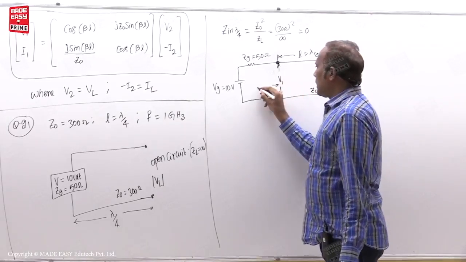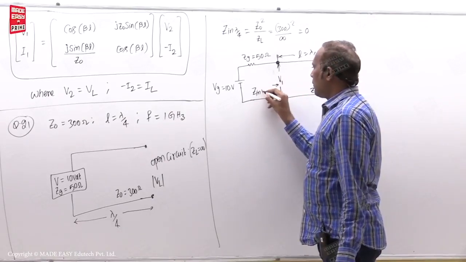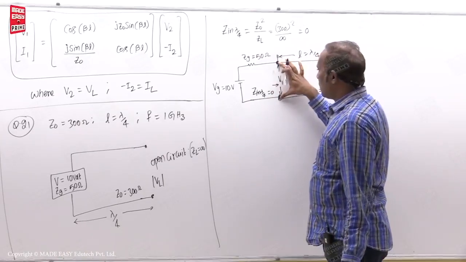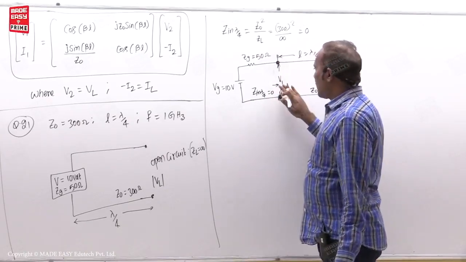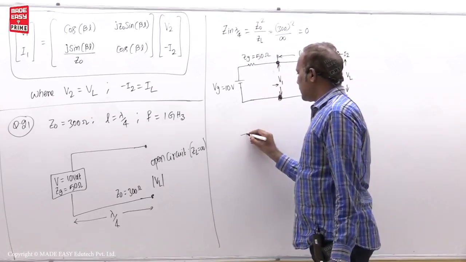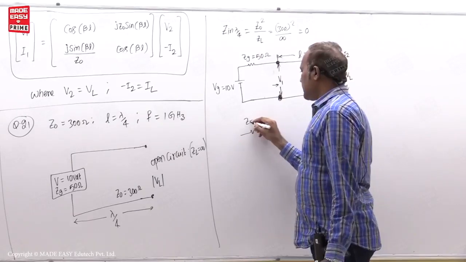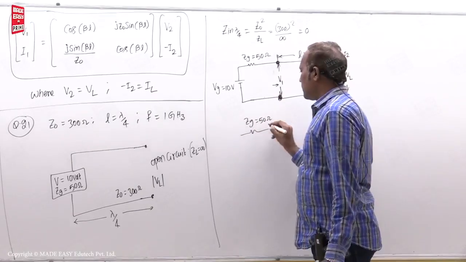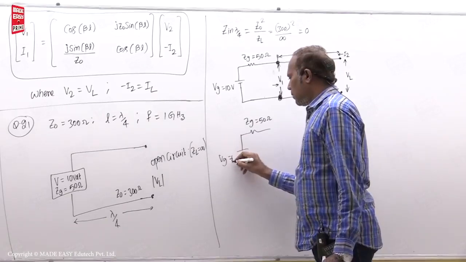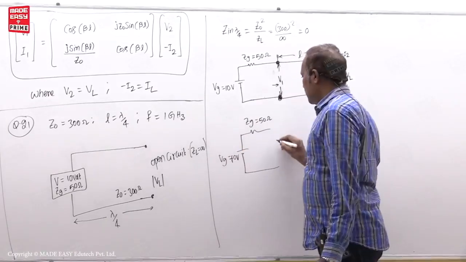Now here Z in of lambda by 4 is equal to 0. Whenever there is a short circuit, it is better I write it separately, students, because you will be confused. ZG is equal to 50 ohm, separate diagram. Vg is equal to 10 volt.